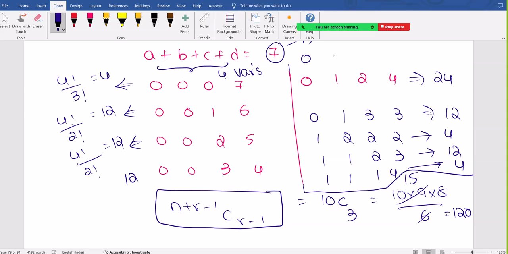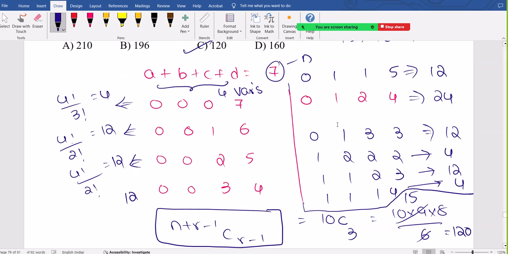Why we missed 0, 1, 1, 5? This is missed, right? 0, 1, 5 is missing. Is it? So it's a 12 case. Then still one more combination. We want 120 altogether. Here 40, 40, 80, 80 and 28. 108. Still 12 is missing.